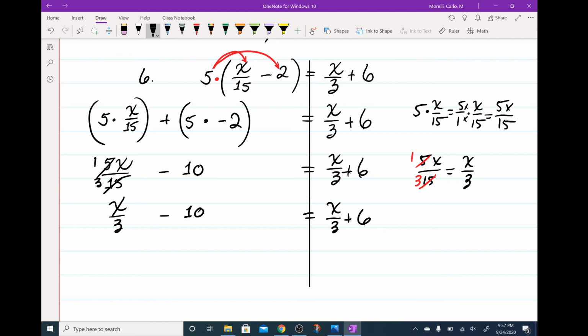Well, now I might add 10 to both sides, trying to get variables isolated. Additive inverses sum to 0, so negative 10, positive 10, we just cancel it out. Now I've got x over 3 equals x over 3 plus 16.